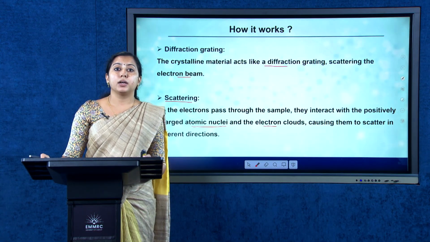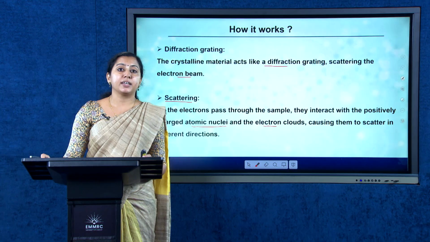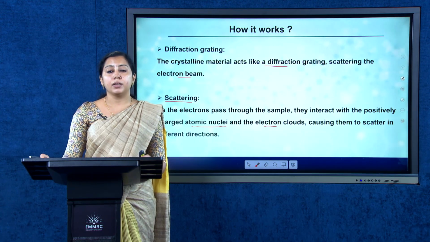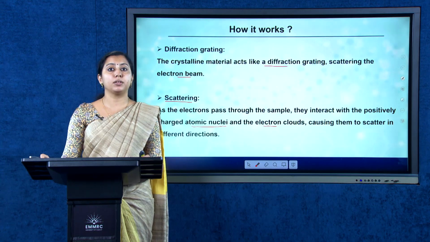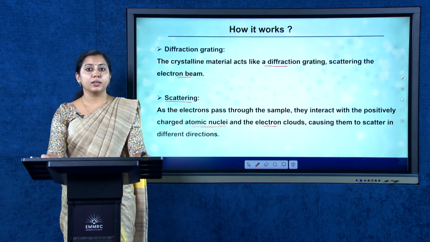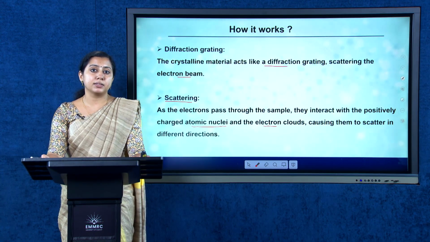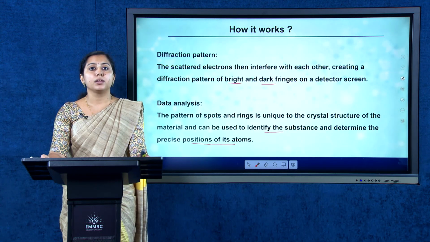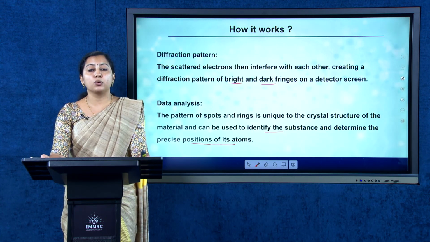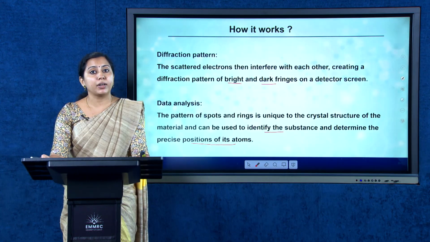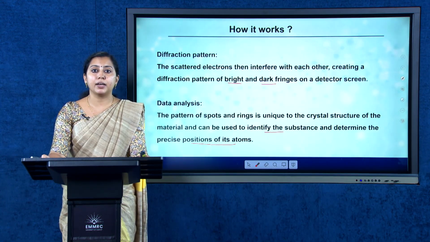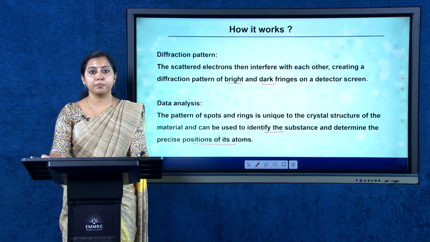We have a crystalline solid which acts as a diffraction grating. The electrons falling on the crystal interact with the atomic nuclei as well as the electron cloud surrounding it, and scatter in different directions. The scattered electrons undergo constructive as well as destructive interference, producing a diffraction pattern of bright and dark fringes on a detector screen.